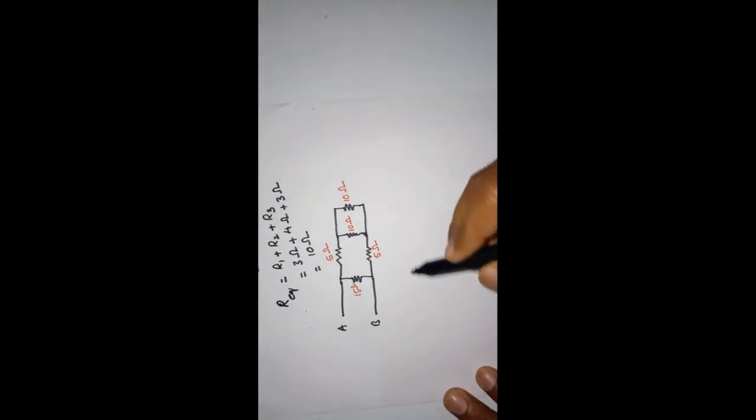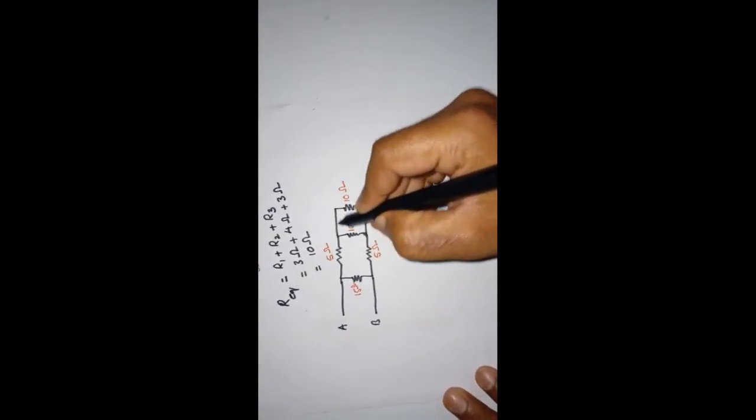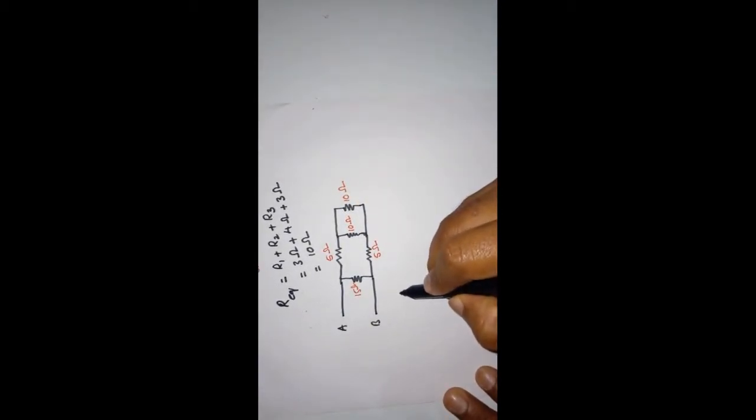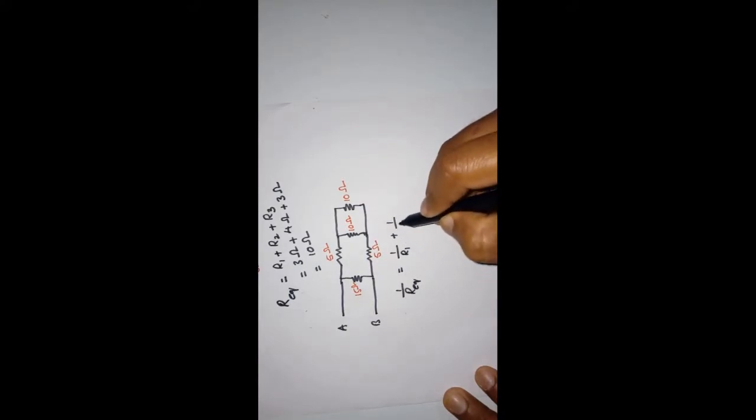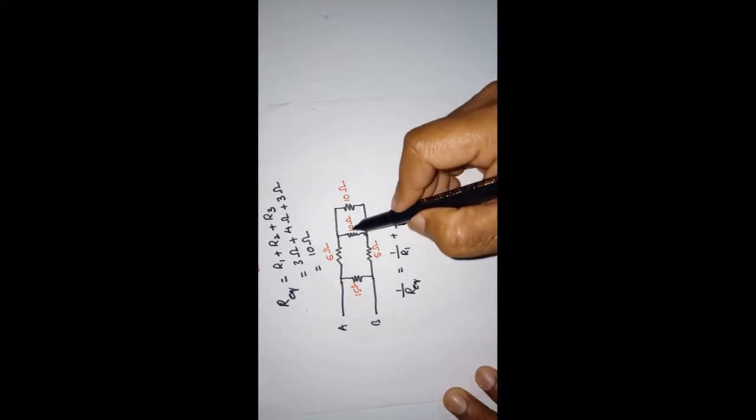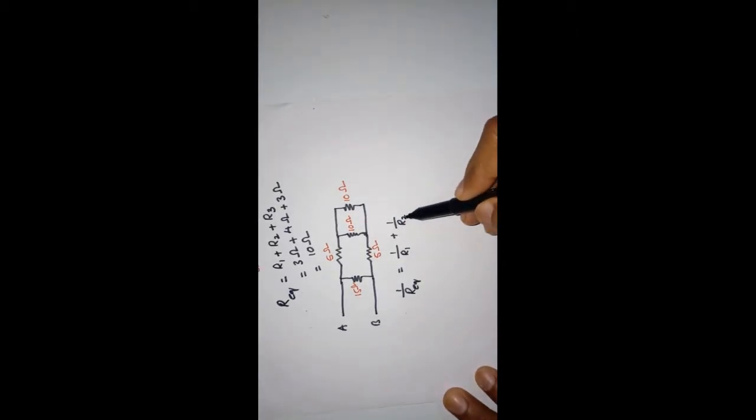Let us try to find the equivalent resistance of this part. We know the formula to find the equivalent resistance in a parallel connection is 1 upon R equivalent is equal to 1 upon R1 plus 1 upon R2. As we have only two resistances here, we take only R1 and R2. Let us substitute the values: 1 by 10 plus 1 by 10.